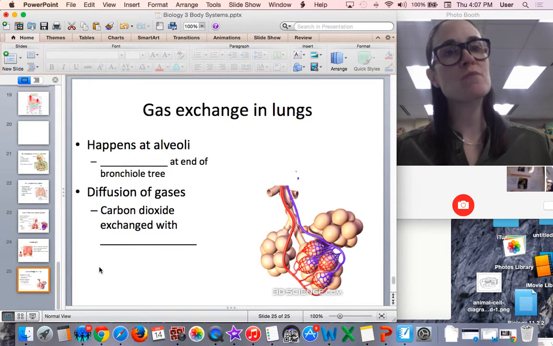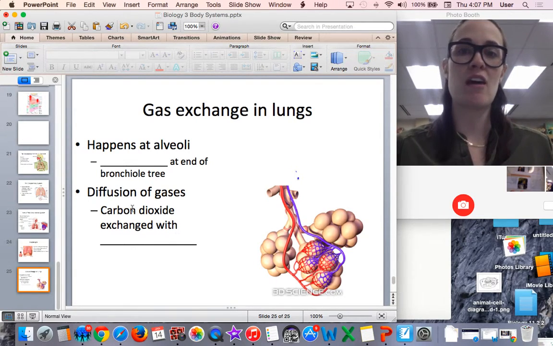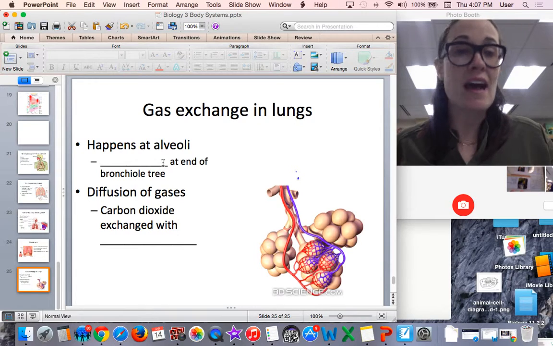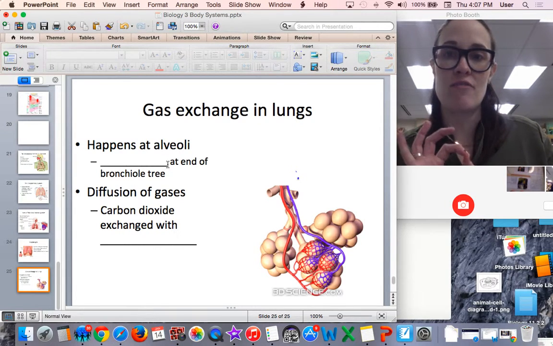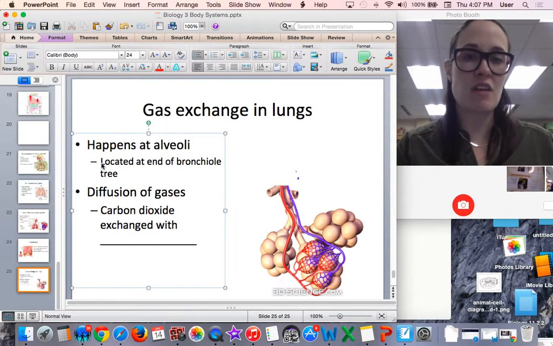Okay, so the most important part of respiration, or the ability to breathe, happens after the air goes through your lungs, and it's in the bronchi where the alveoli are located. So gas exchange happens in the alveoli, and they are located, remember, at the end of that bronchial tree.